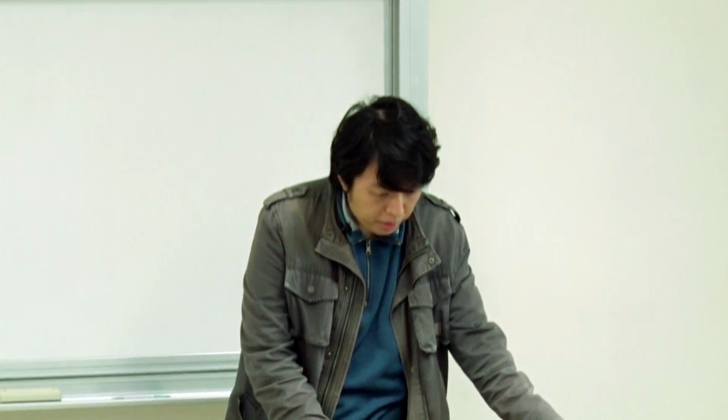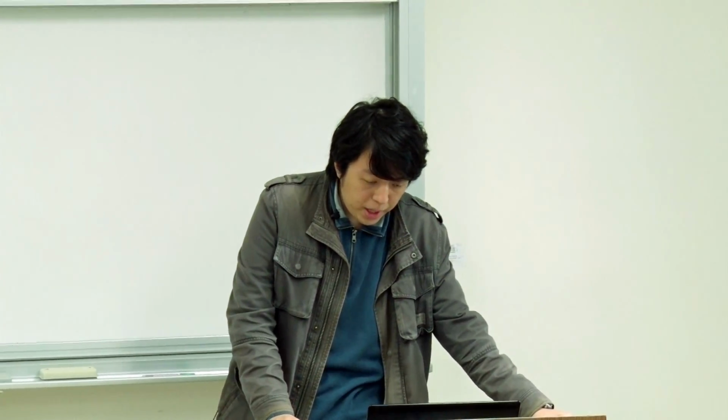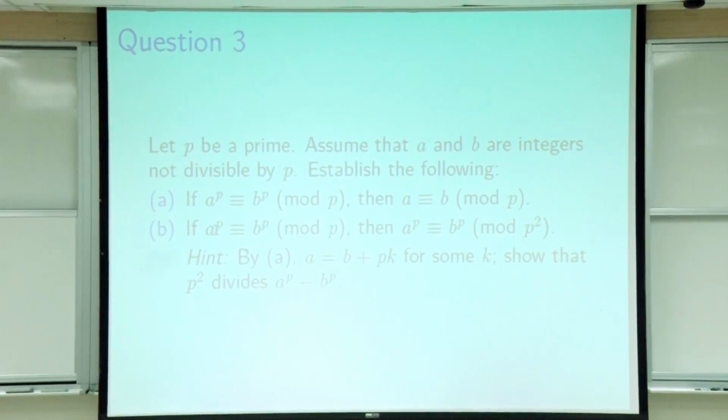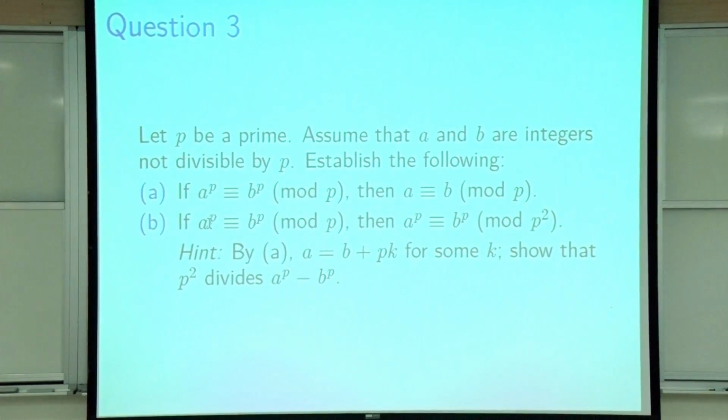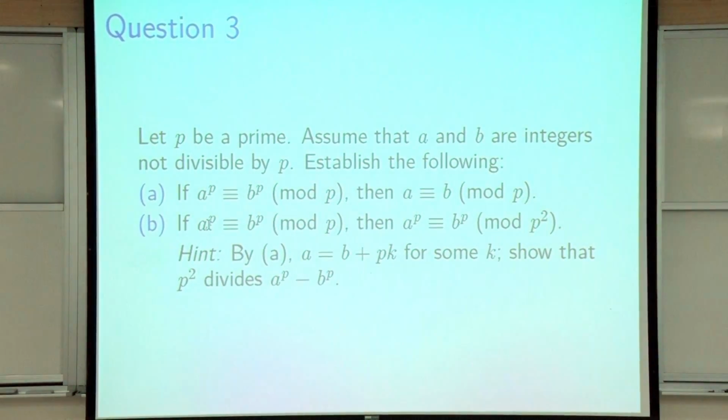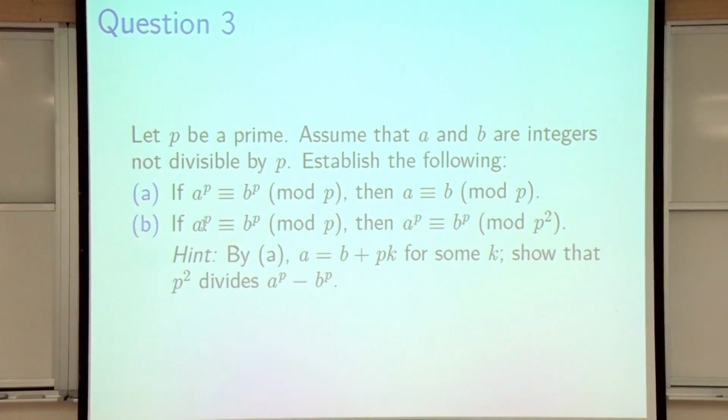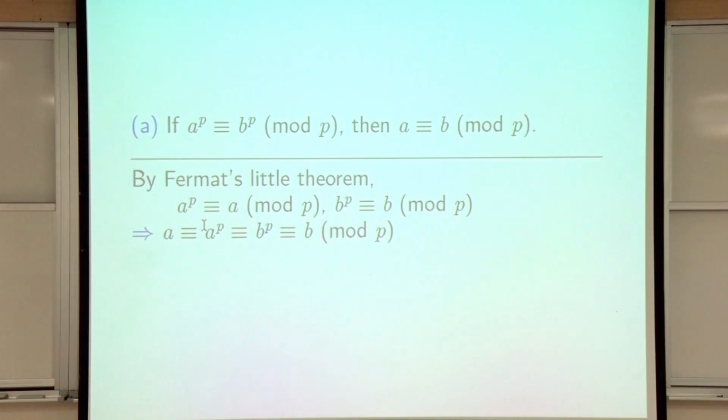Okay, so for question 3, let P be a prime number, and assume that A and B are integers not divisible by P. Establish the following. First, if A to the power P is congruent to B to the power P mod P, then A is congruent to B mod P. For the first part, we can just use Fermat's Little Theorem.